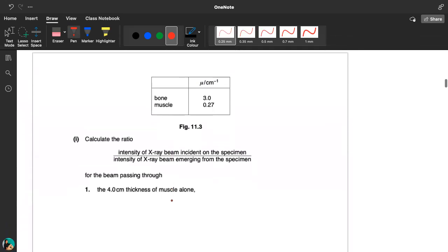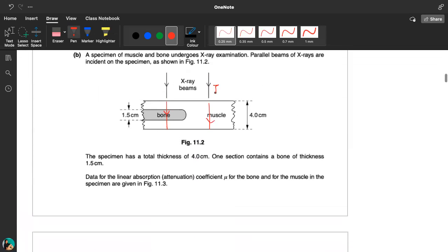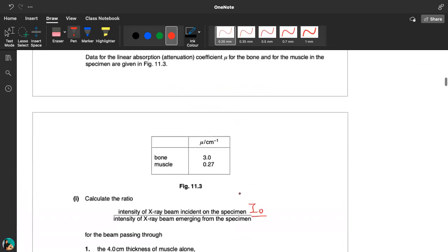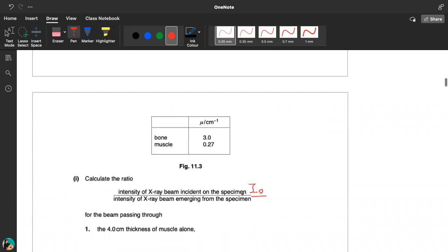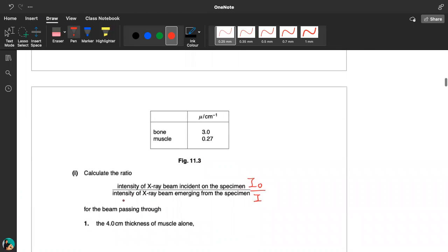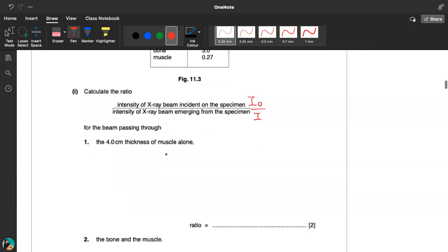Calculate the ratio of the intensity of the X-ray beam incident on the specimen, let's call it I naught, over the intensity of the X-ray beam emerging from the specimen, I here, coming out of the back. Okay, I naught over I. You want to get this ratio for the beam passing through the 4 cm thickness of muscle alone.